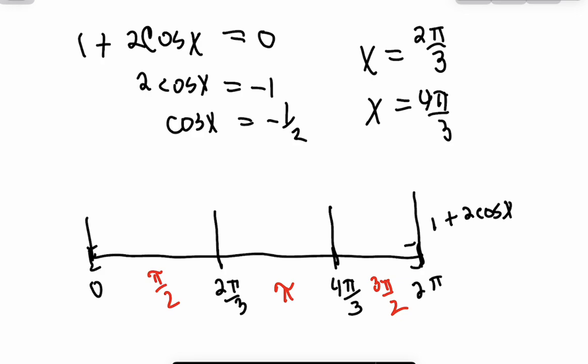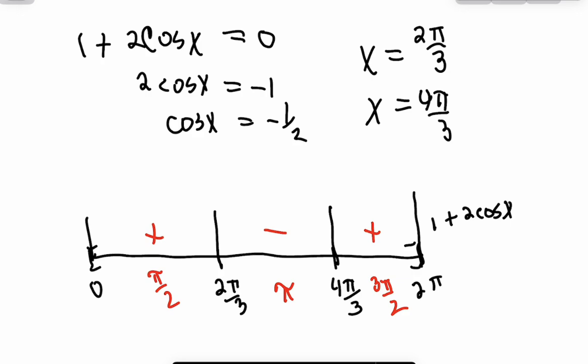Okay, so the cosine of pi over 2 is 0, times 2 is 0, plus 1 is 1. That's a positive number. The cosine of pi is -1. 1 plus 2 times -1 is -1. That's a negative number. 3 pi over 2: the cosine of 3 pi over 2 is 0, times 2 is 0, plus 1 is positive.